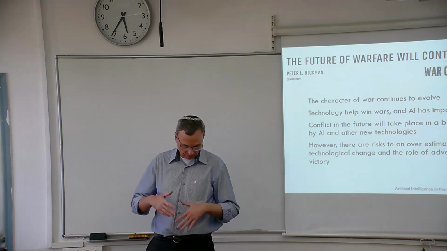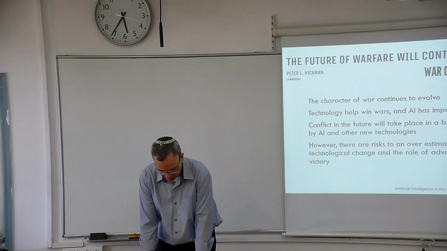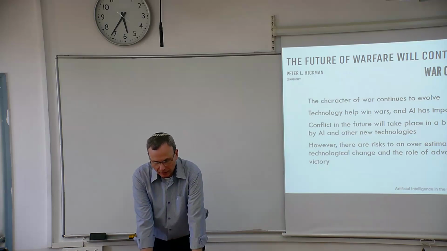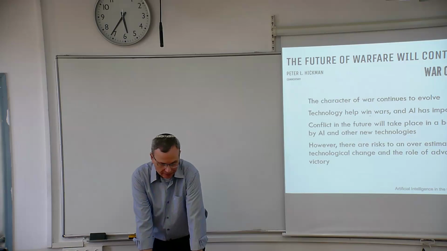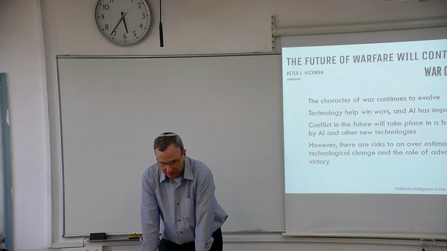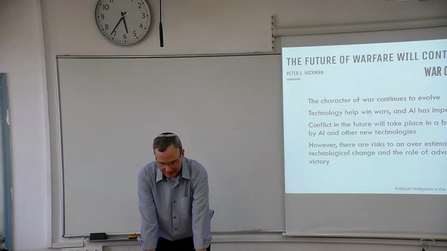Let me summarize the article, or his thinking. The character of war continues to evolve, and this has always been happening since the dawn of time. Technology helps to win wars, and again, you see it from history, it always was true. And AI has important military potential, and I hope I convinced you by now that this is the case.